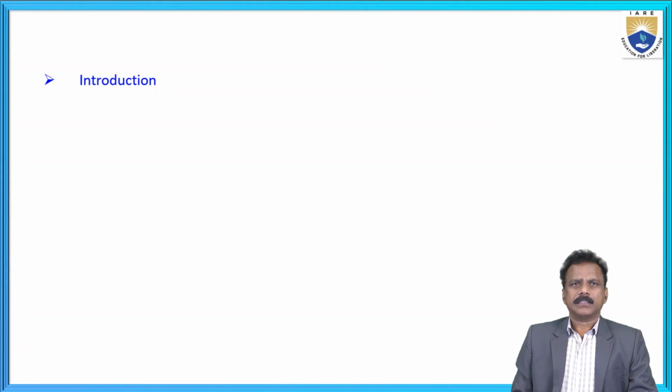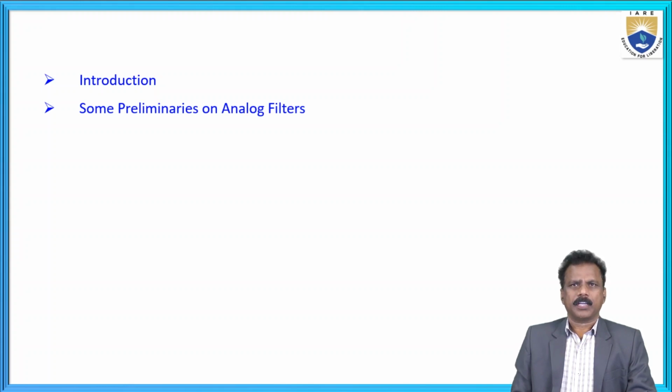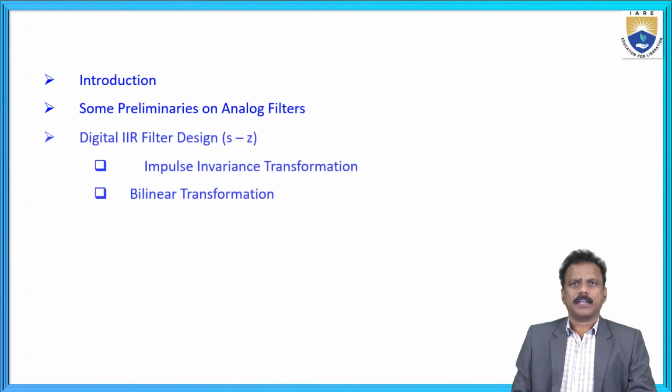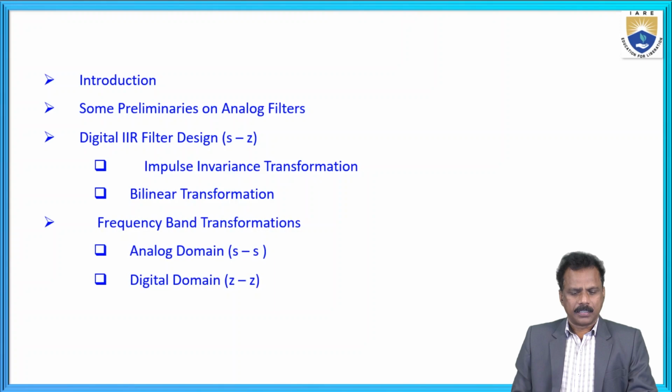Some preliminaries on analog filters are required, then the digital IIR filter, S to Z, impulse invariance transformation, bilinear transformation, and then frequency band transformation.